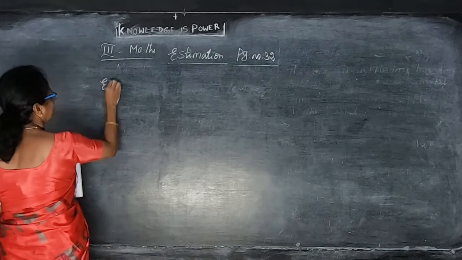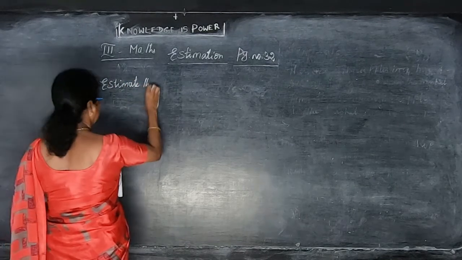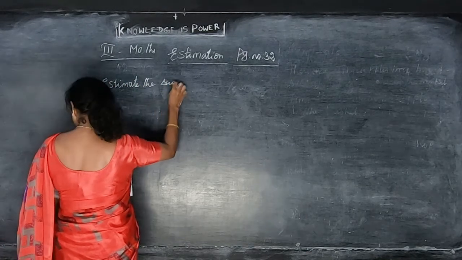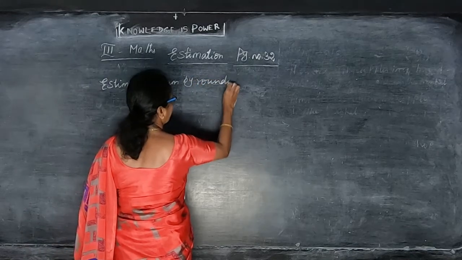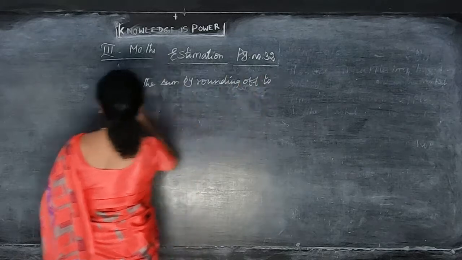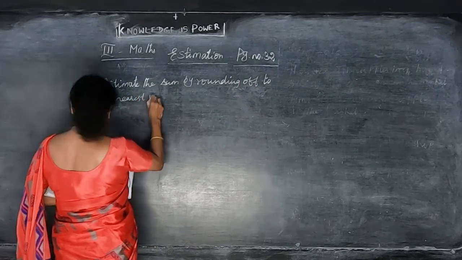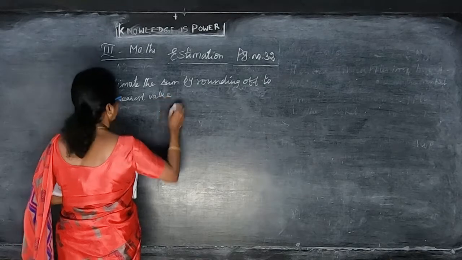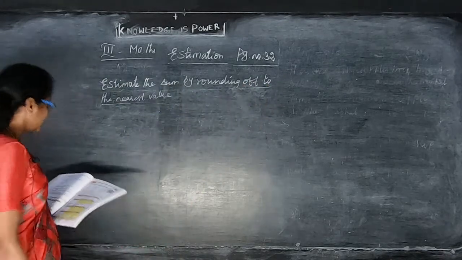Estimate the sum by rounding off to the nearest value. Okay, so this is the example sum they are given in the page number 32.